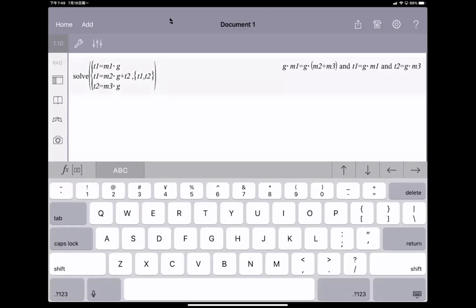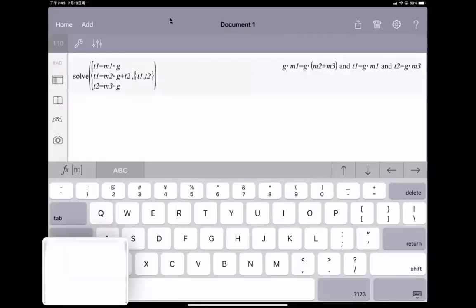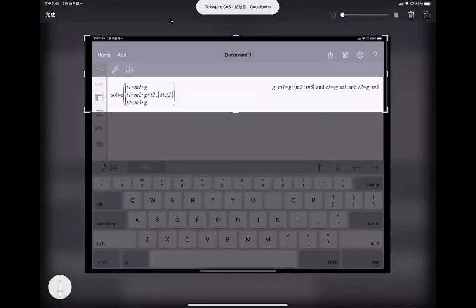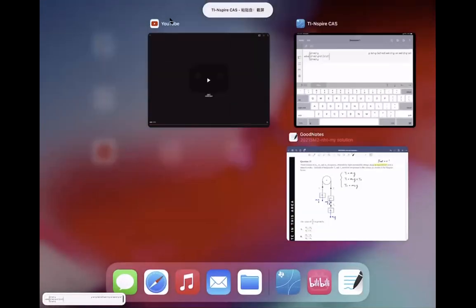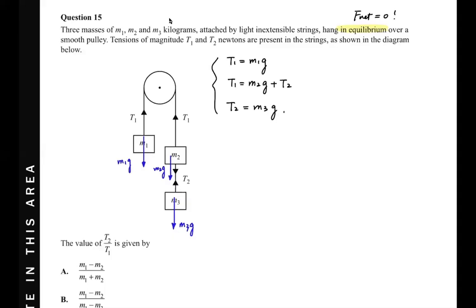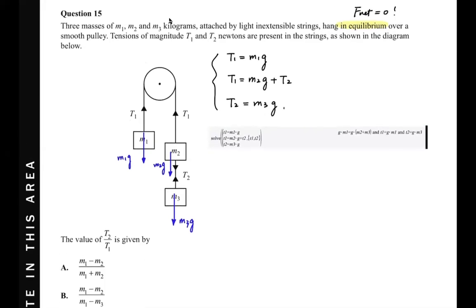So now I have GM1 equals G times M2 plus M3, and T1 equals GM1, and T2 equals G times M3. So let's take a screenshot of this result and compare it with the options. It's here. Finally, we want to find the ratio between T2 and T1.